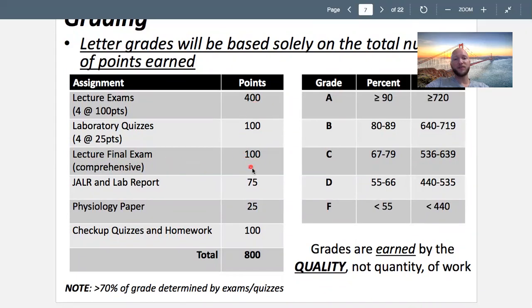Add those up, 600 out of 800 points come directly from your exams and quizzes.